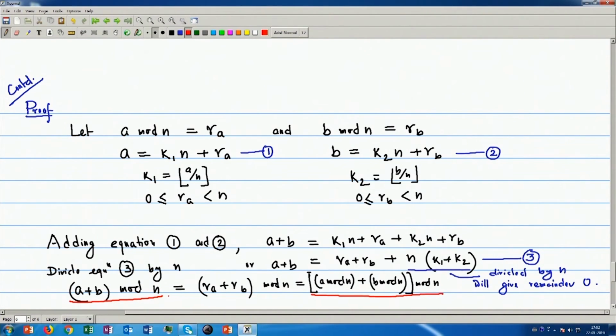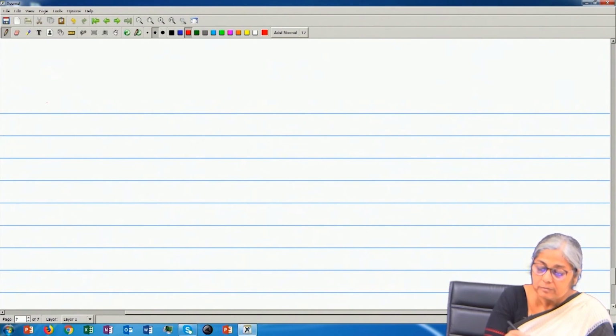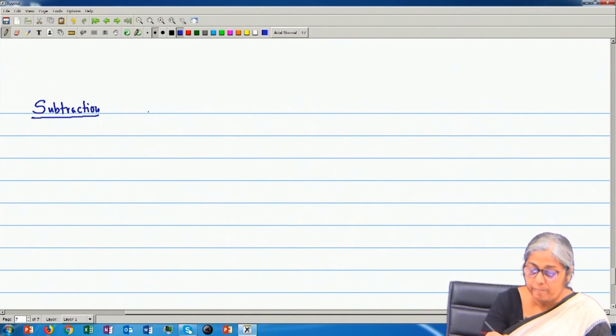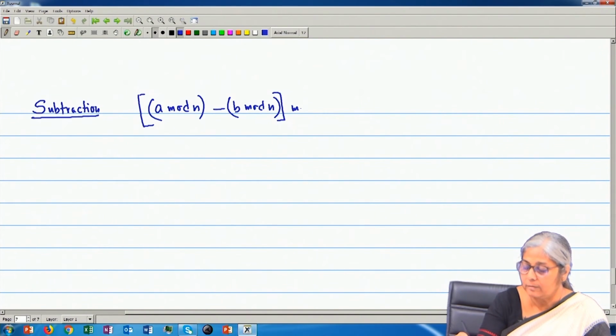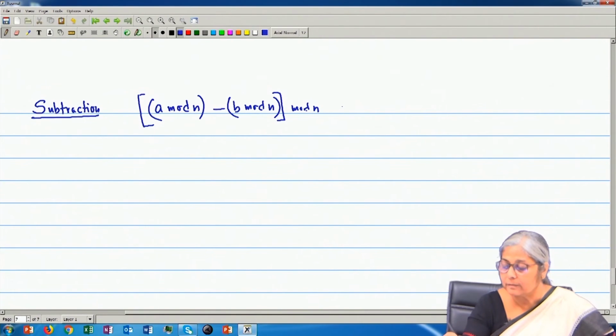Now, in a totally similar way, I can prove the subtraction property: a modulo n minus b modulo n, if I take mod n, will be a minus b modulo n.